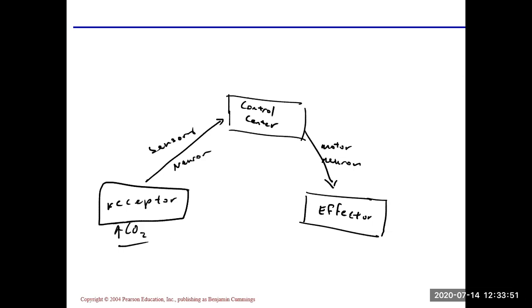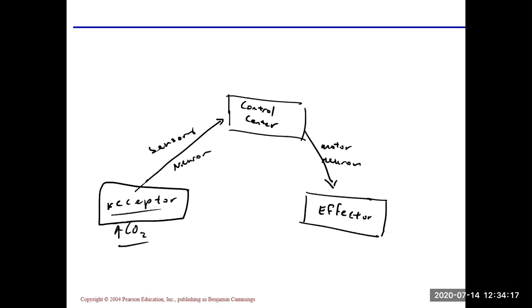The sensory neuron senses changes in the blood, for example, because they happen to be either in the cerebrospinal fluid near the central chemoreceptor or in the blood. These chemicals, an increased amount of carbon dioxide. This happened to be in the aorta and the carotid arteries, as I showed you. Anyways, they detect that.